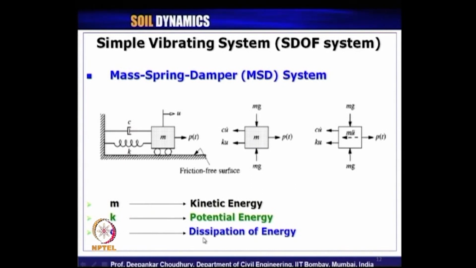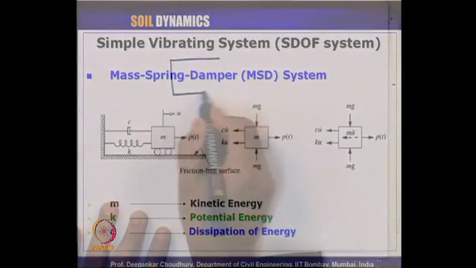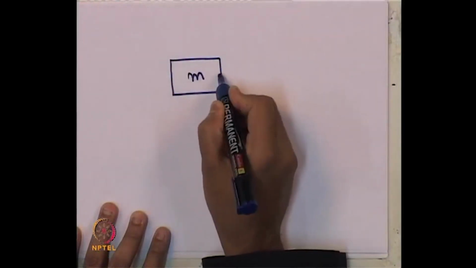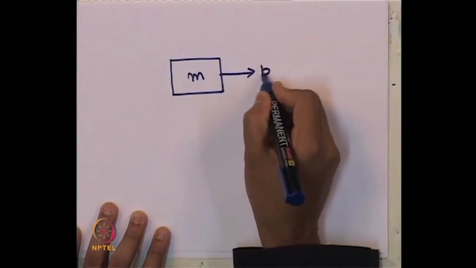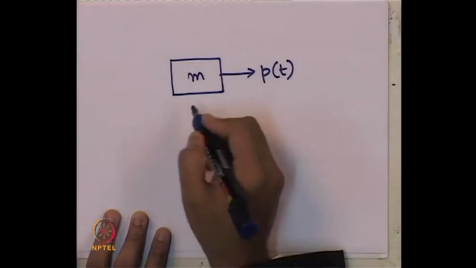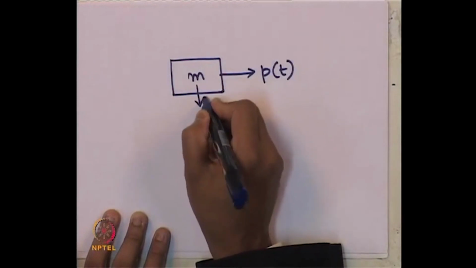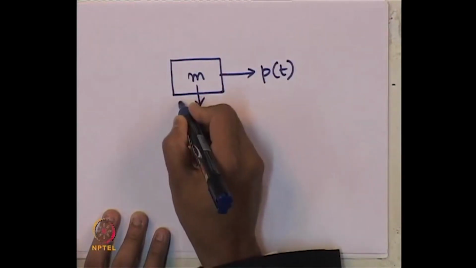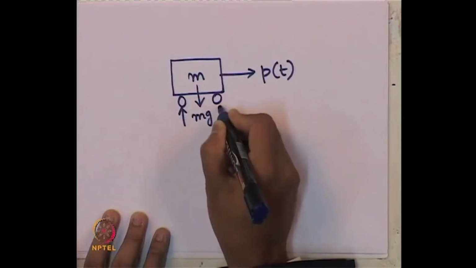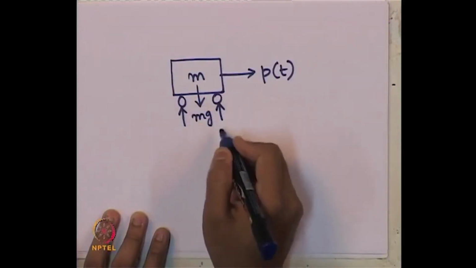Now, what we were discussing just now, let me redraw it here further, the free body diagram. This is the mass on which the dynamic load externally applied, P of t, was acting, and we have the weight acting vertically downwards, which is getting balanced from the static reactions from these rollers.